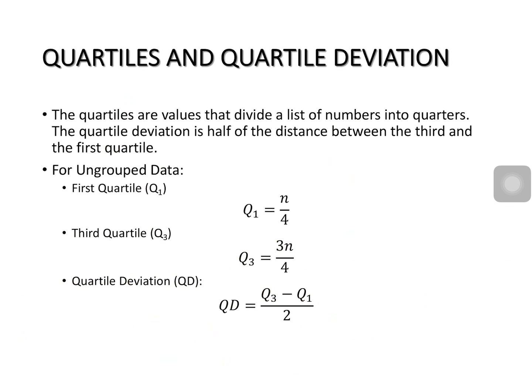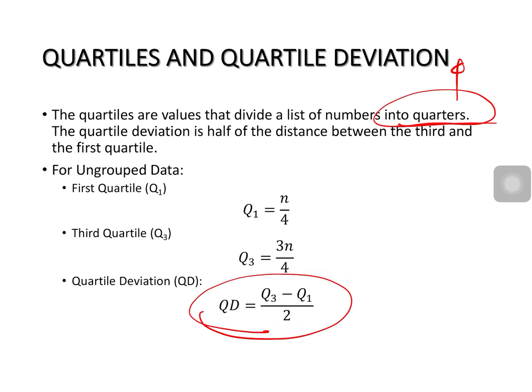Next, quartiles and the quartile deviation. Quartiles are values that divide the list of numbers into quarters, meaning 4. The quartile deviation is half of the distance between the third and the first quartile. For ungrouped data, that is simply n over 4 for the first quartile, and for the third quartile, that is 3n over 4.